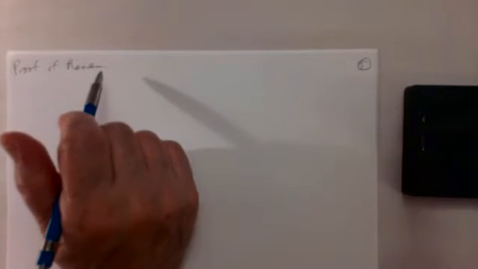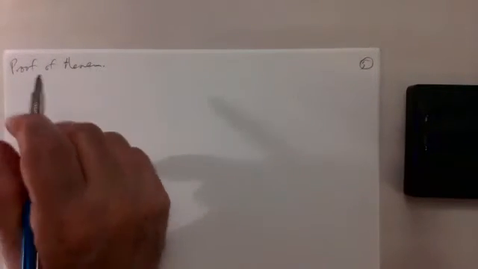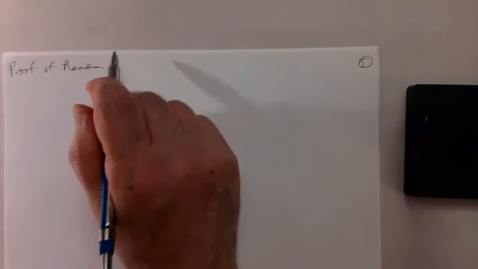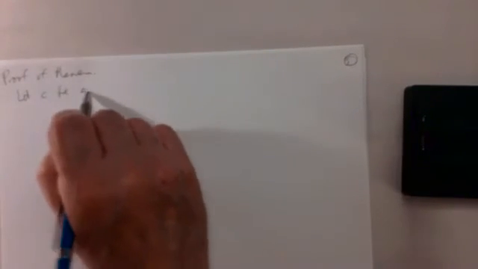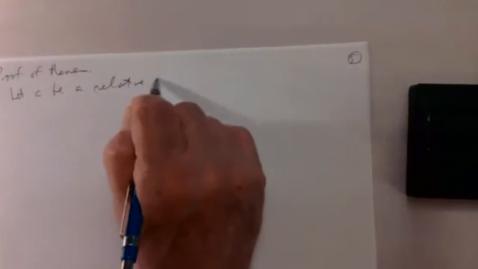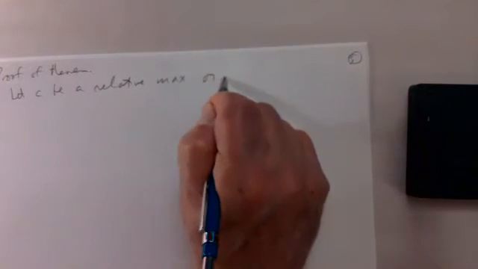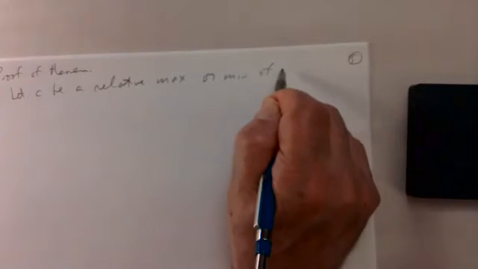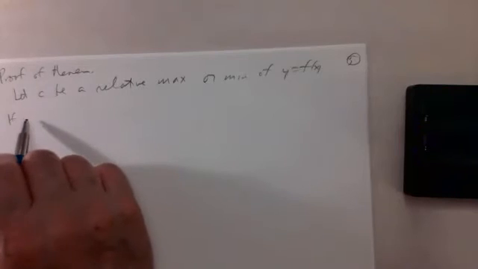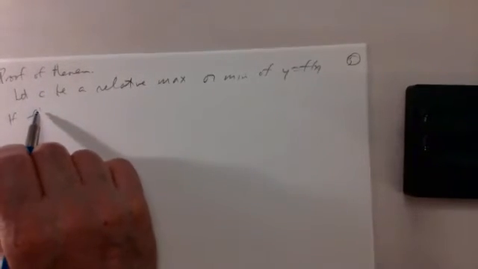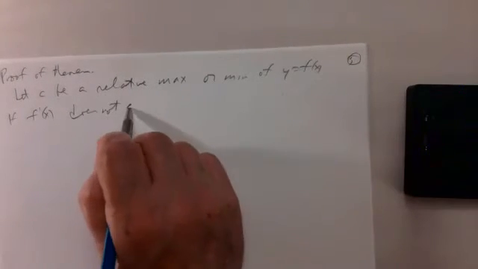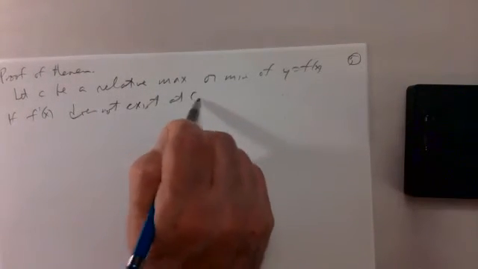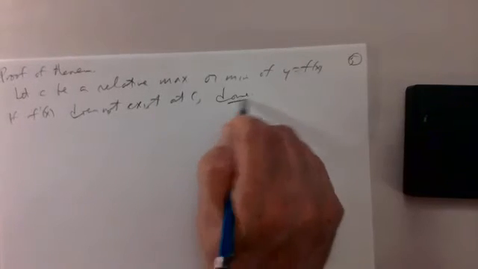So let c be a relative max or min of the function y equals f of x. If the derivative does not exist at c, then we're done.